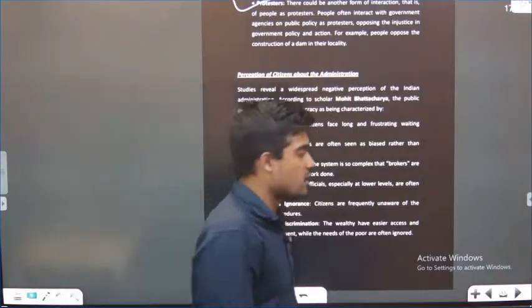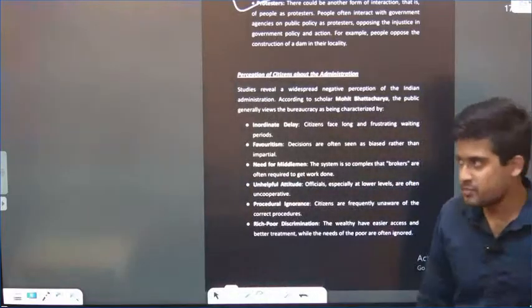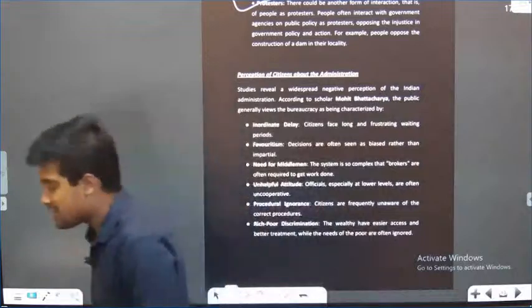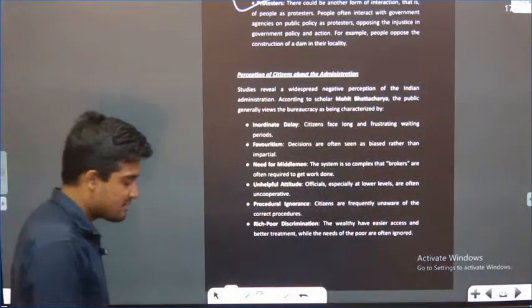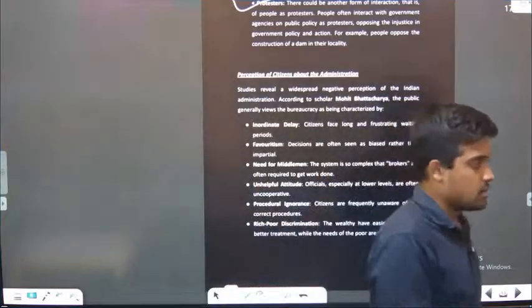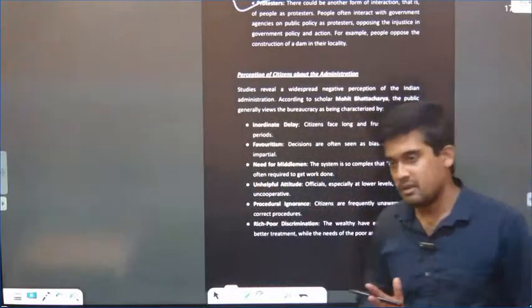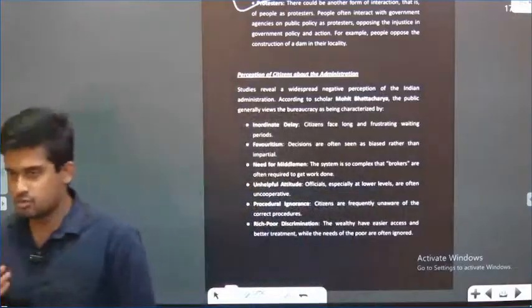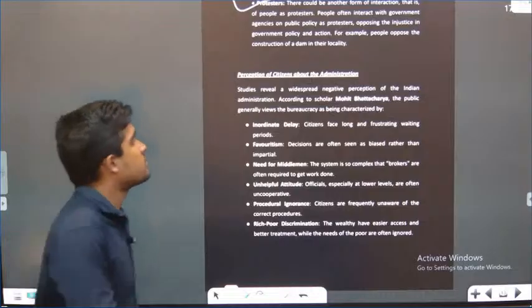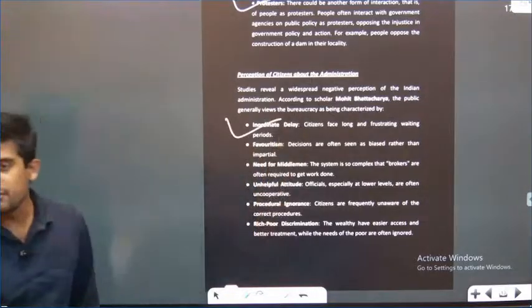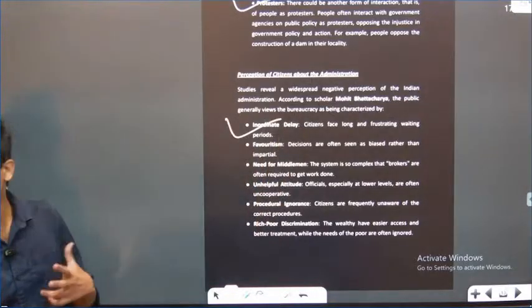Now, Mohit Bhattacharya is saying, start using his name, and anywhere you find any scholar's name, start using their names. He says the perception of people is very negative when it comes to India and the administration. Generally, people view bureaucracy by inordinate delay.